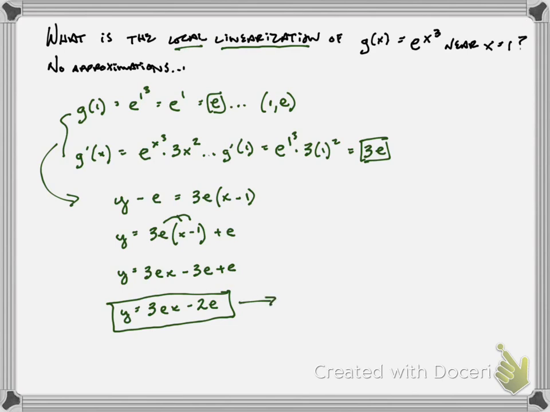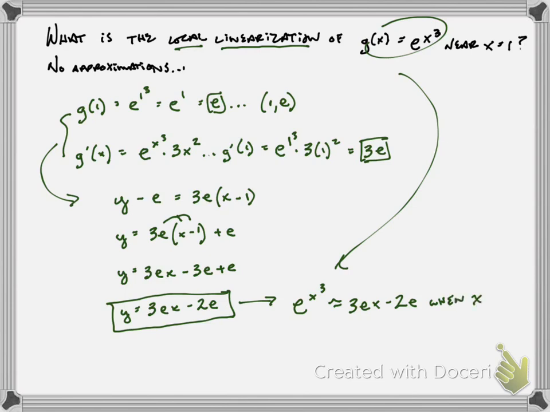And so ultimately what we are saying is that the function g of x, which is e to the x cubed, can be approximated by 3ex minus 2e when x is near 1.